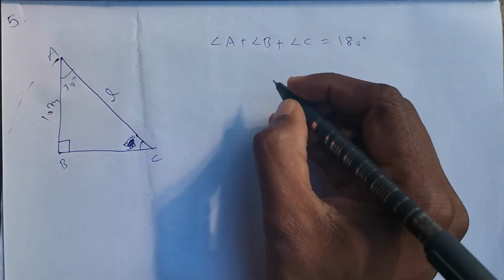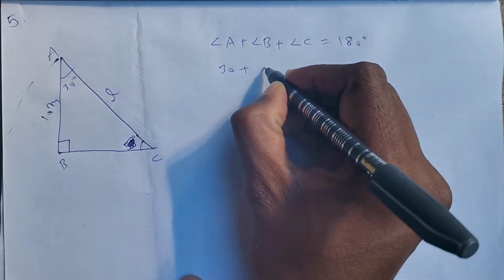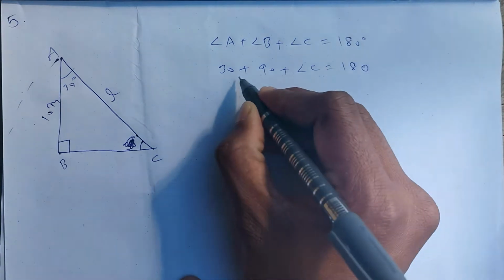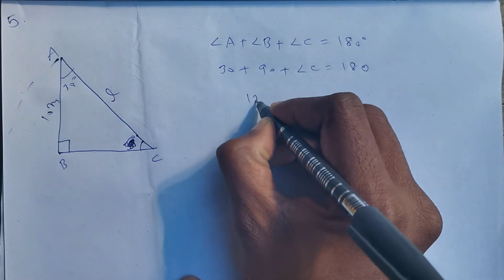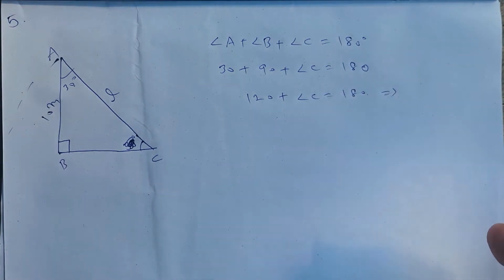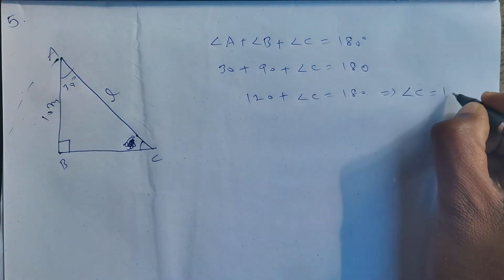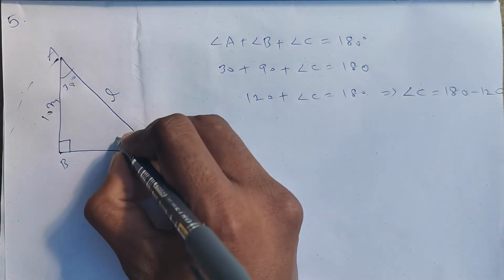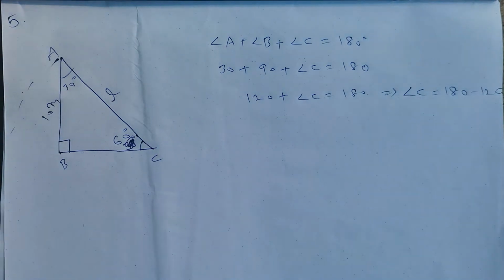So angle A is 30 degrees plus angle B is 90 degrees plus angle C we need to find out. 90 plus 30 is 120, plus angle C is 180. Then this 120 I will take to the right side. Angle C is equal to 180 minus 120. So then it will be 60 degrees.